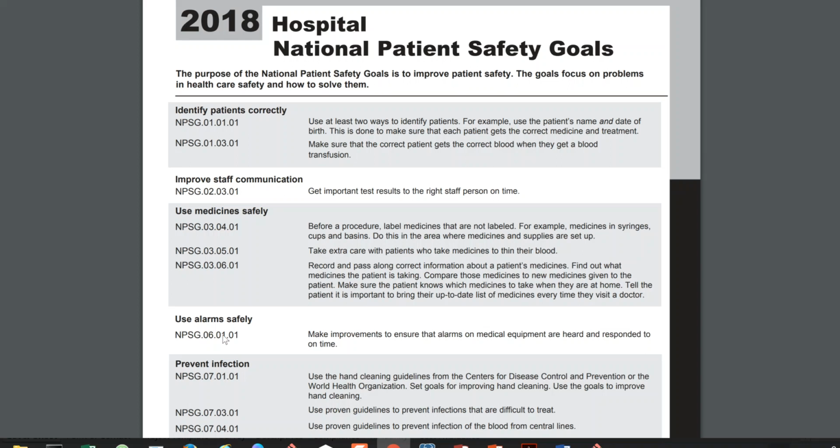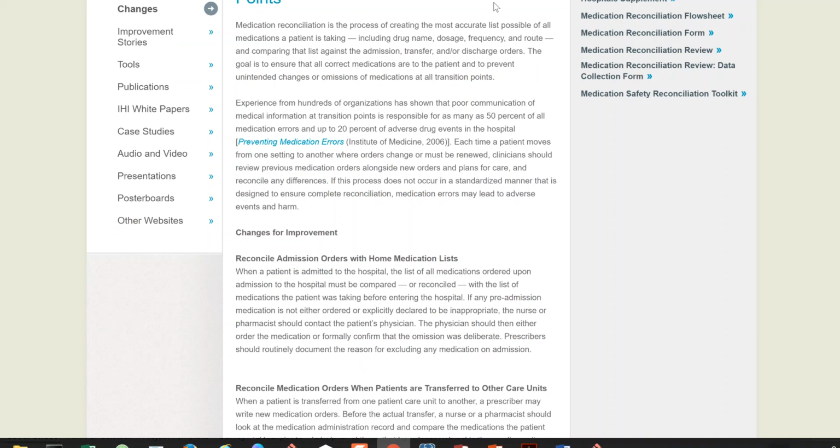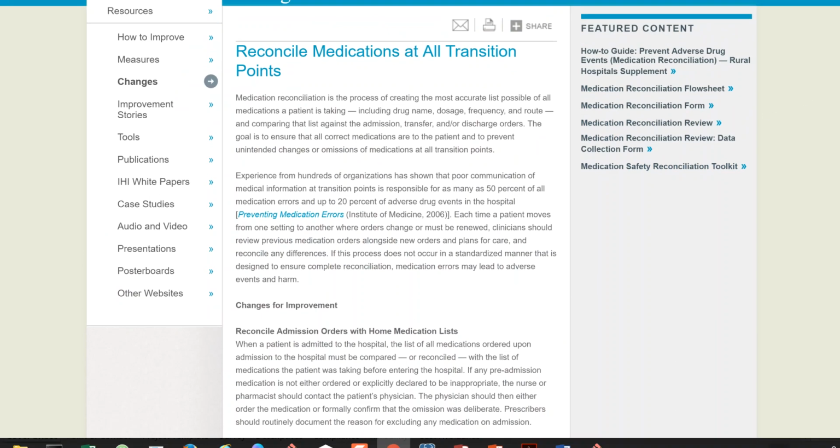So the goal is that in addition to the clinical information, we want to record and pass along correct information about the patient's medications, paying very careful attention to the differences between what is going on at home and what's going on in the facility, but recognizing that in and of itself doesn't keep the client from experiencing adverse events. In fact, sometimes it's the medication that has caused the adverse event.